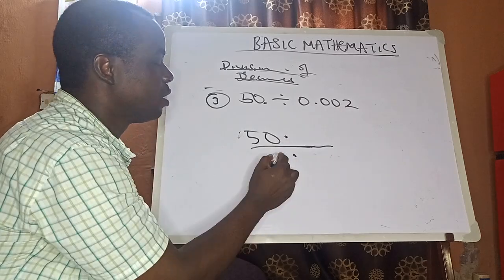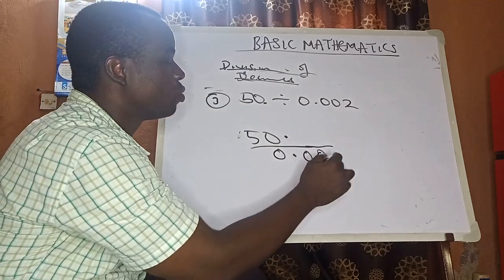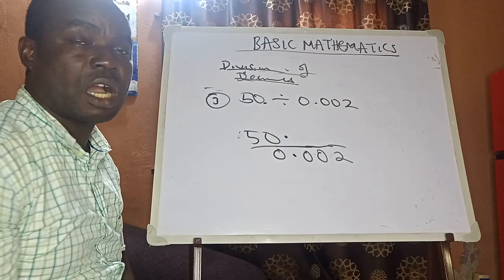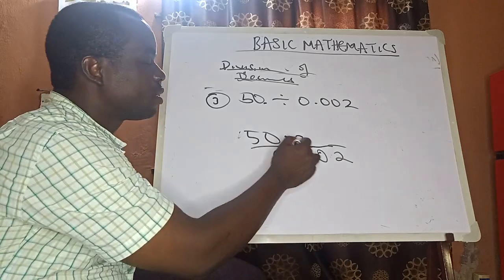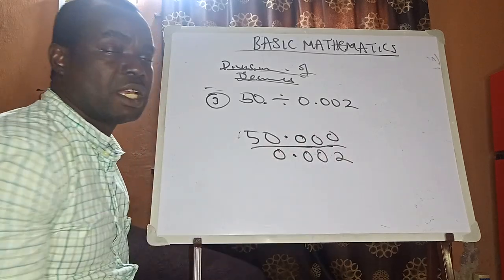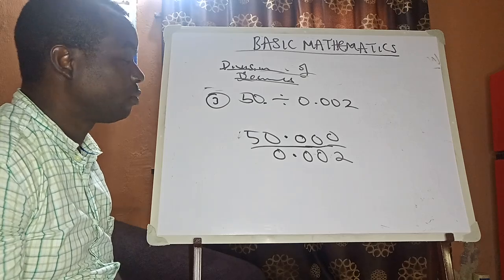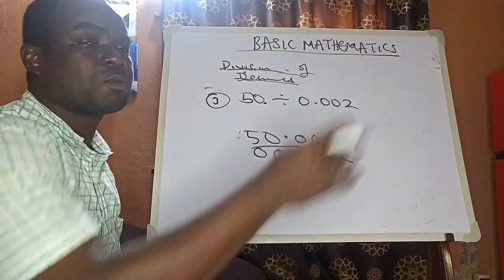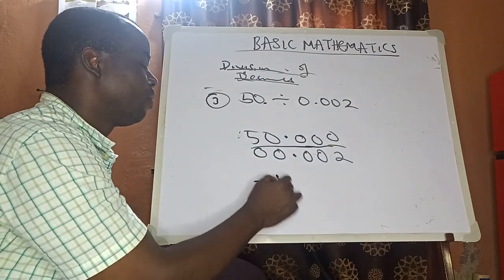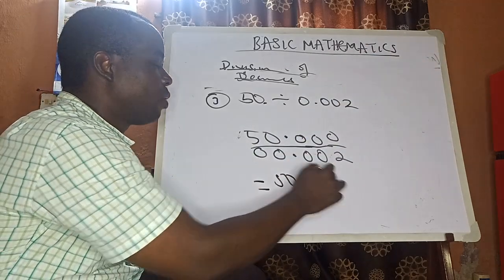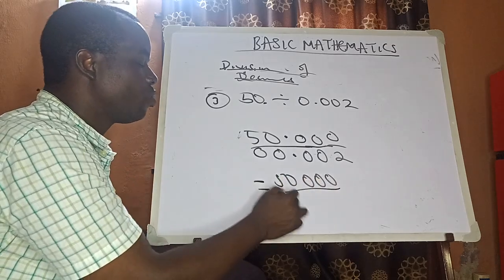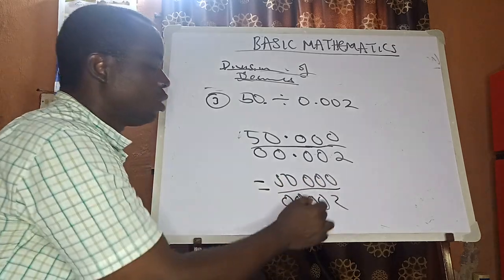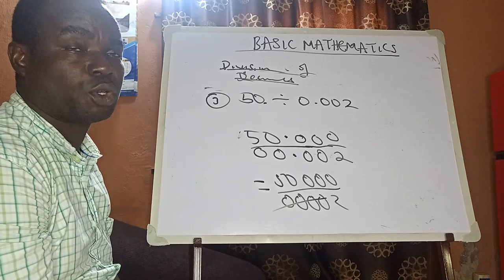Then this one is 0.002. Are we good? So you fix zeros anywhere there's an open space. I taught you that. Now, fix 0 here too. Throw away decimal points. So we're going to have 50000 over 0002.